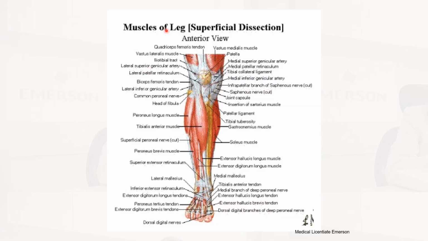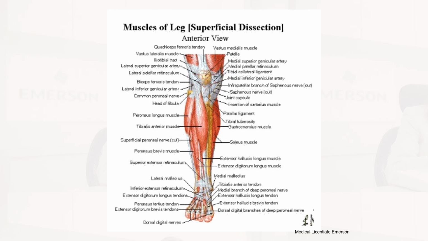Let's move on. These are the muscles of the leg we are talking about. Then this is the anterior view. We are talking about the tibialis anterior and the peroneus longus muscle. Then you have the soleus muscle.